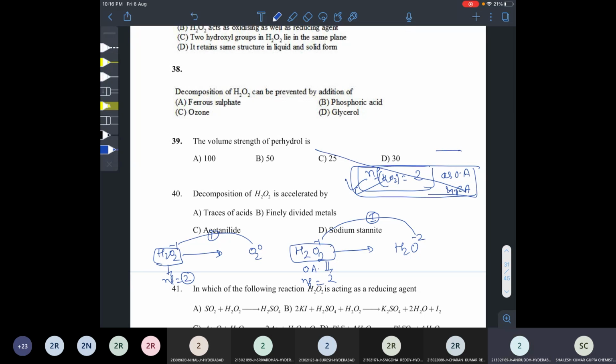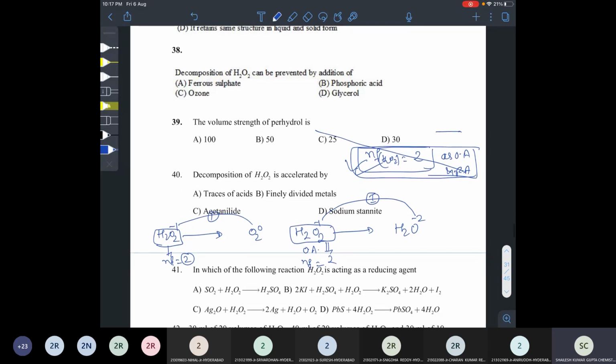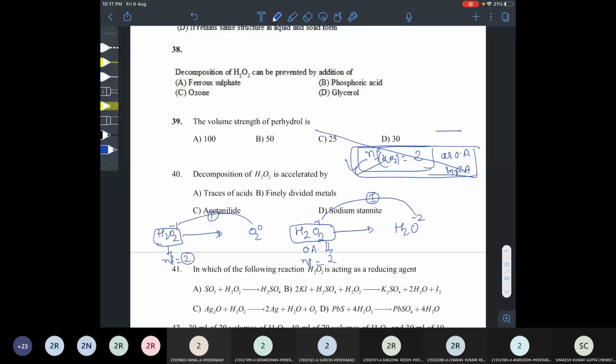What is perhydrol? I think medicinal H2O2. Yeah, that is okay. But how much concentration? I know that the medicinal one is known as perhydrol, but how much is the concentration? Sir, is it 30? I am not very much aware.